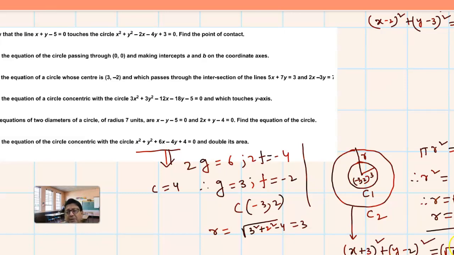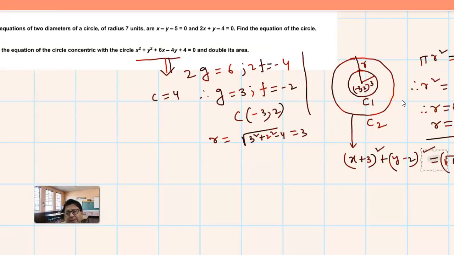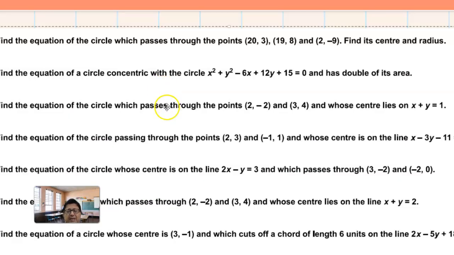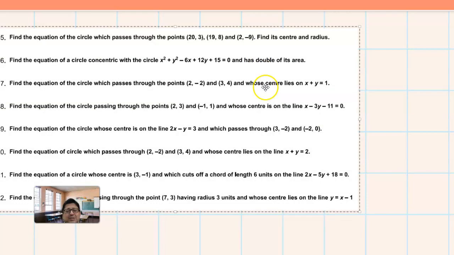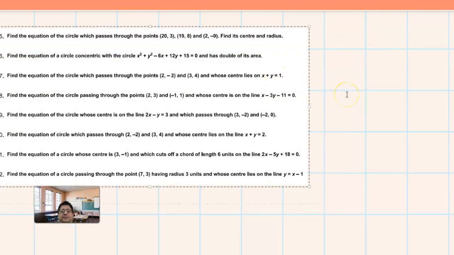So the required equation is going to be equal to x square... you just simplify it, you'll get the equation of the circle. So for this kind of sums where you need to find center, radius, all these things can be determined by using either the general equation of the circle, or the center-radius form, or the diametric form.